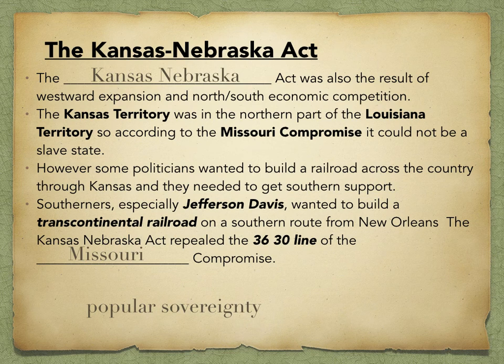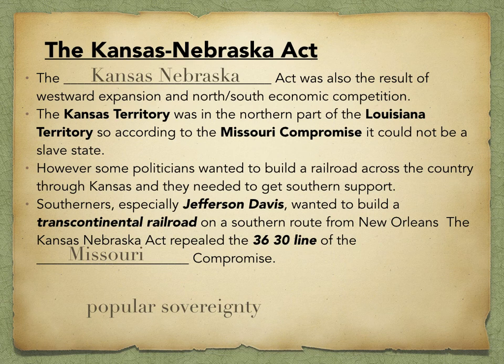So when you repeal something, that means you take it back. So Jefferson Davis, who ended up being the president of the Confederate States of America, wanted to build a railroad across the United States, starting from New Orleans all the way out to the West Coast. So in order to do so, he needed the Kansas-Nebraska Territory to become available for slavery.